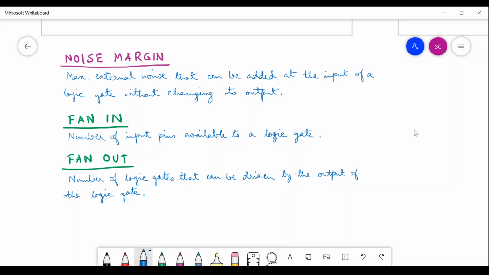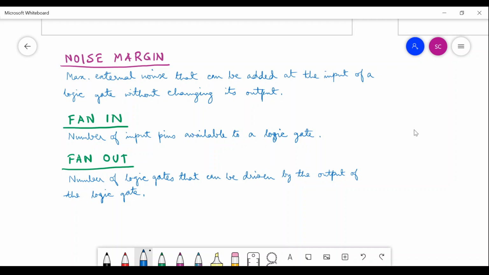So this is almost like that change in the level. There was this dead zone, right, where we are neither 0 nor 1. So in that dead zone, how much external noise can we actually have in the input so that we don't go into the dead zone?